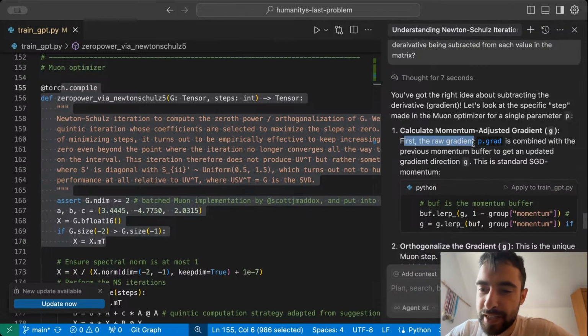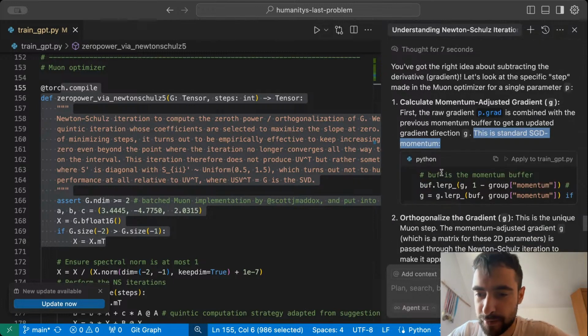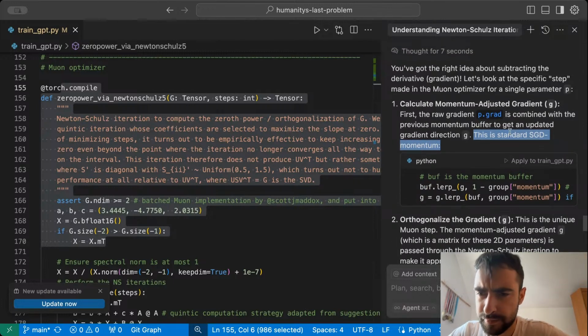First, the raw gradient, P... still don't know what this is, by the way. Okay. This is standard stochastic gradient descent momentum. Okay.